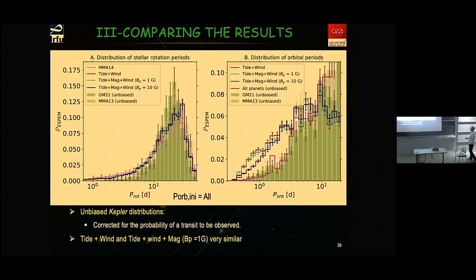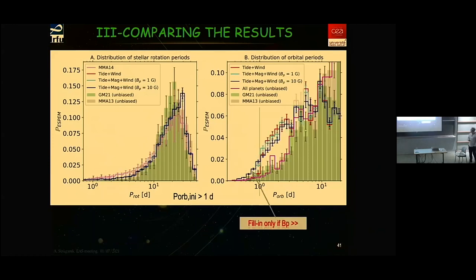We have changed a little bit the initial sample, and we have removed all the planets orbiting inside 1 day in the original population. And we have again the excess here, and all the planets that are there are those that have migrated into that direction.